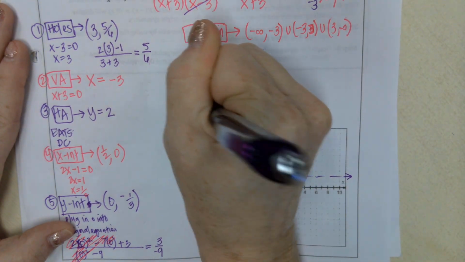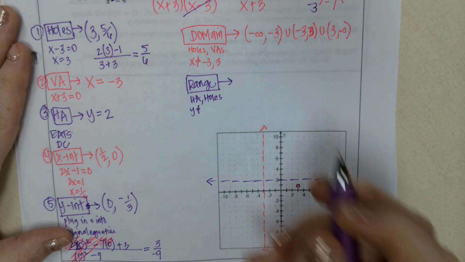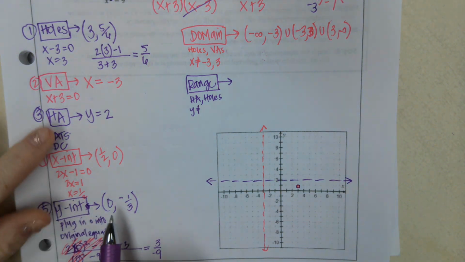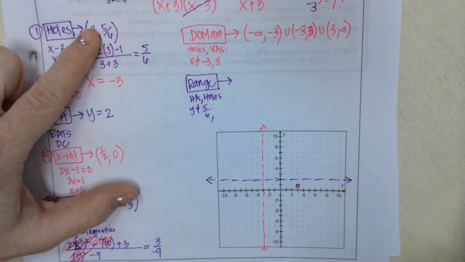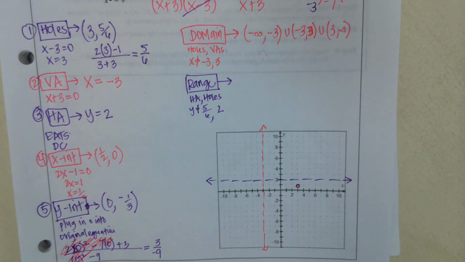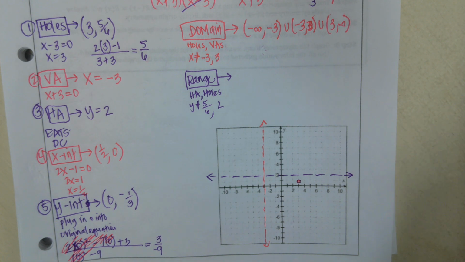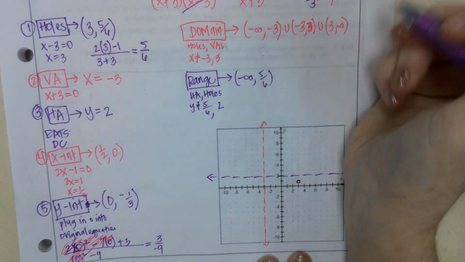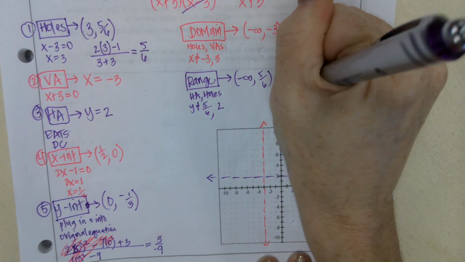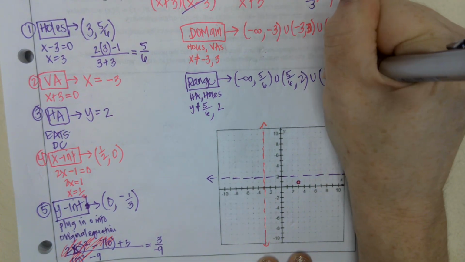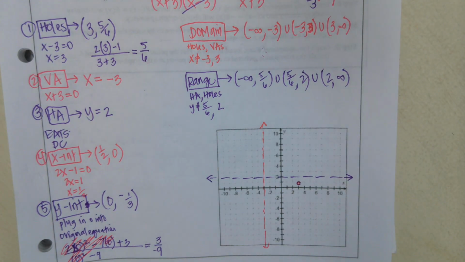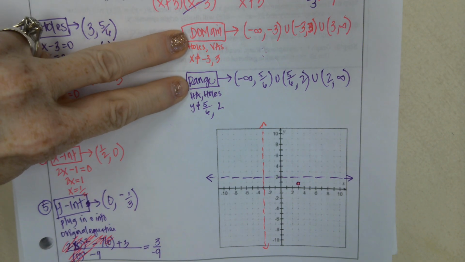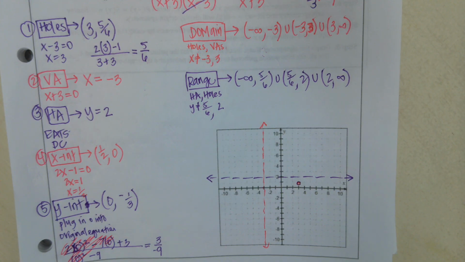So from least to greatest, y cannot equal the y-coordinate of the hole, 5/6, and then 2. So negative infinity to 5/6, 5/6 to 2, and 2 to infinity. I'm trying to give you references for things to look back at as you do this with other problems as well, so you will know these are the things that affect the domain and range.